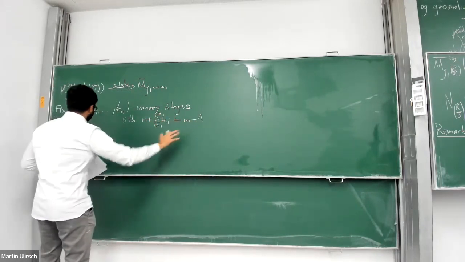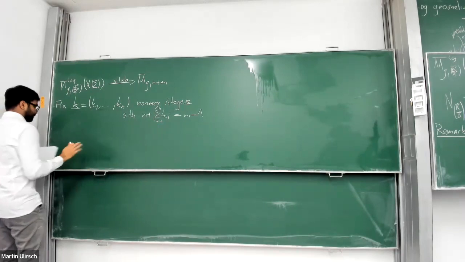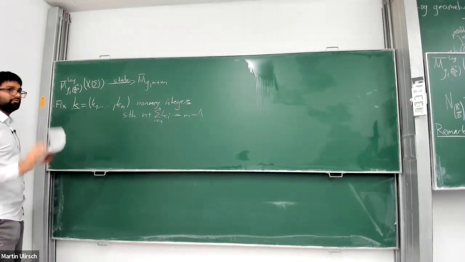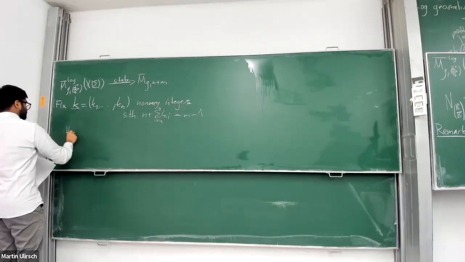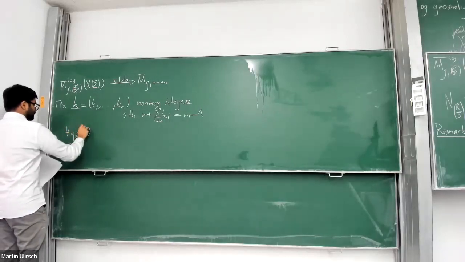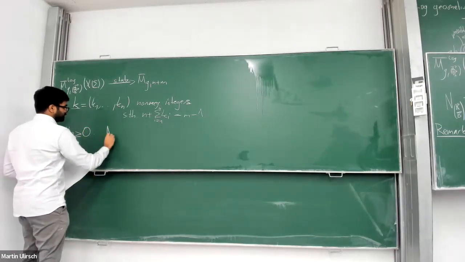This equation will be clear in a minute. So, okay, what am I going to do? I'm going to define, for every genus greater than or equal to 0, an invariant.